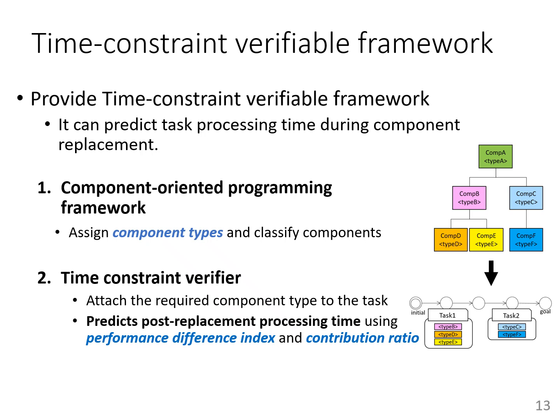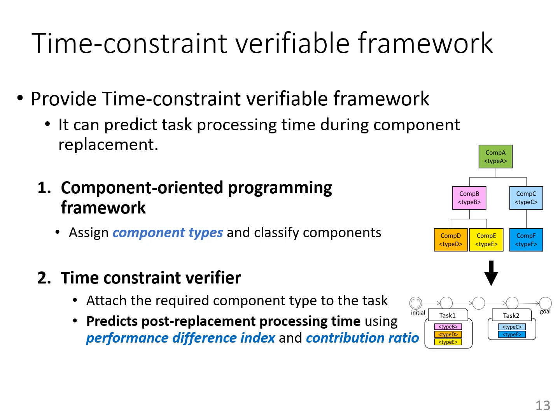By using this linkage, we implement a time constraint verifiable framework. This framework allows us to predict the task processing time during component replacement. The framework consists of two key elements.